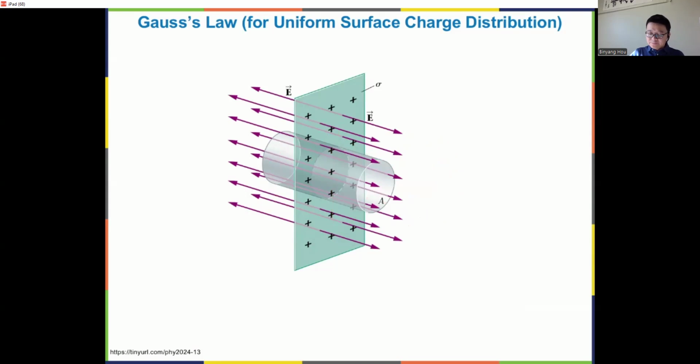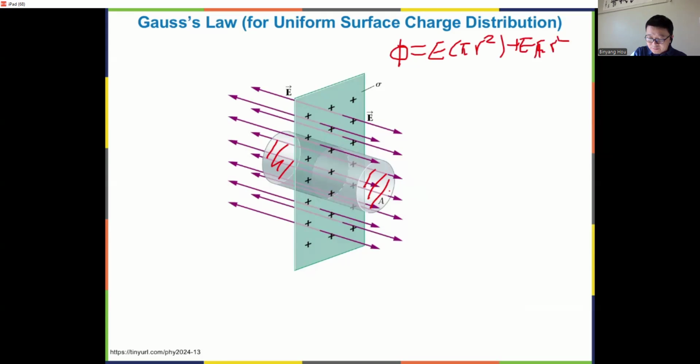From the definition, flux is equal to the contribution from three surfaces here. This time E is perpendicular to the two bottom surfaces, so it will be E times the bottom surface area, pi r squared, plus another E pi r squared.